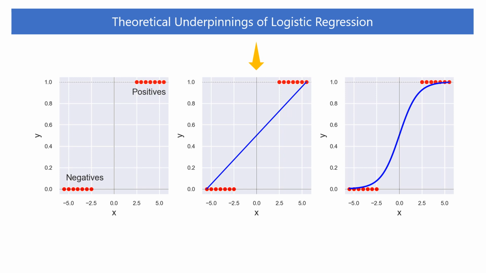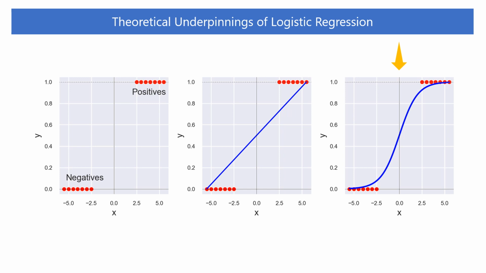Let's look at the plot in the middle. A straight line does not seem to approximate the relationship between x and y for this data. Moreover, outputs of linear regression can take any value, but the probability takes only between 0 and 1, so it cannot be fitted as an outcome variable. So, a linear regression model does not represent the relationship between x and y.